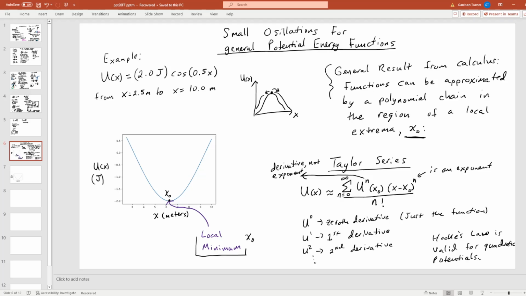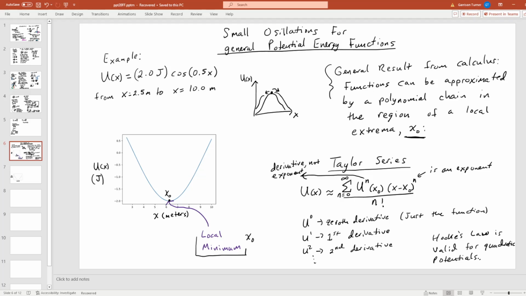So the idea is that if you have a local minimum, then if you zoom in close enough, you'll eventually find something that approximates a quadratic. And once you have the quadratic, then you have Hooke's law. And you can then say something about the oscillations that would occur in that region. So that's why we are doing this.